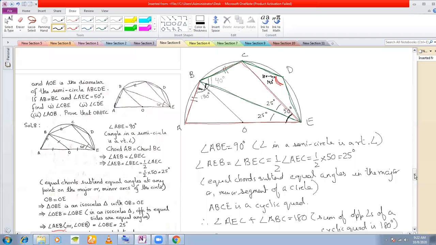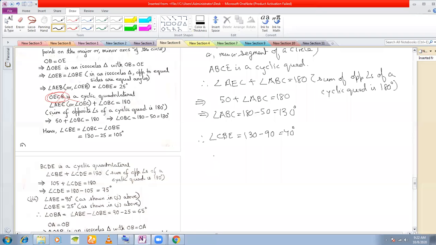So therefore, we'll write BCDE is a cyclic quadrilateral.